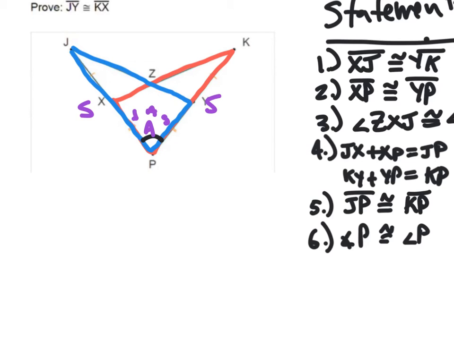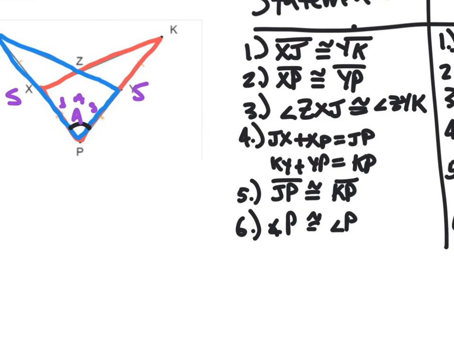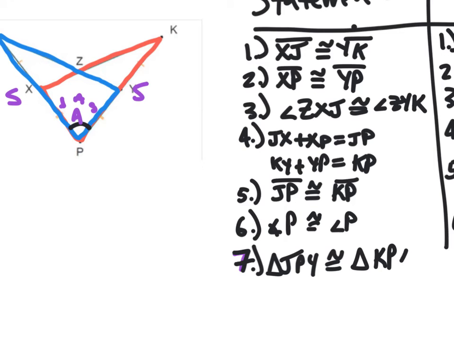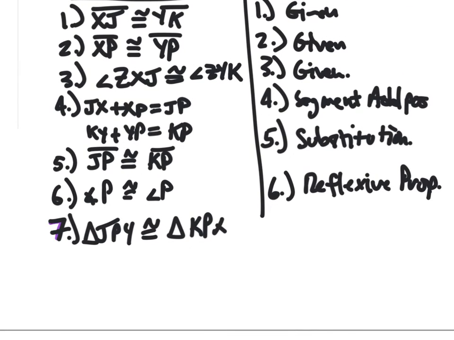So what I can then say is that, part 7, triangle JPY is congruent to triangle KPX. And the reason we can say that is because of side angle side, okay?